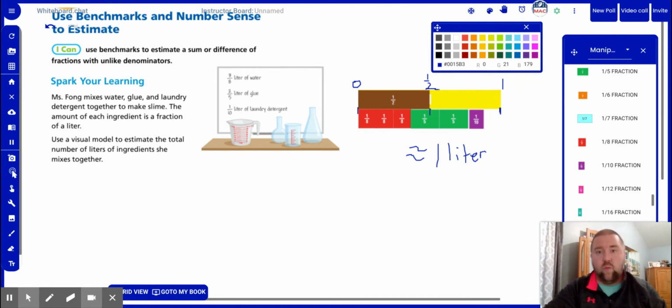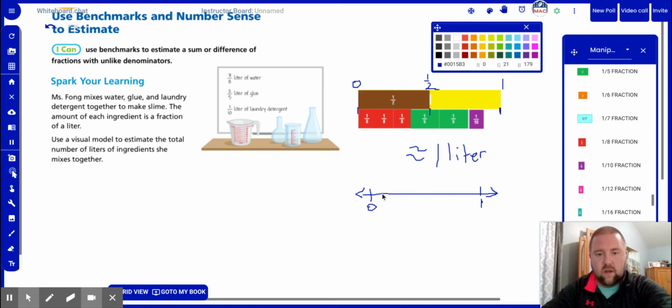Using the fraction tiles is one really great way to estimate our rounding problems, but also we could use a number line, right? Now, if I was using a number line here, and I needed to estimate 3/8, 2/5, and 1/10, I might then estimate each of those on their own. So if I have 3/8, here's my 0, here's my whole. Okay, so 3/8 might be, I need 8 spots.